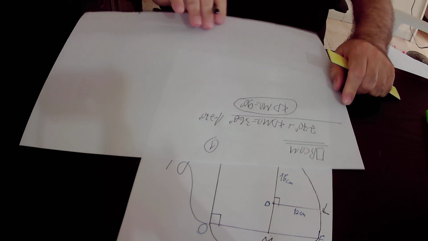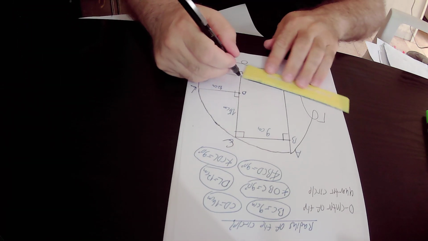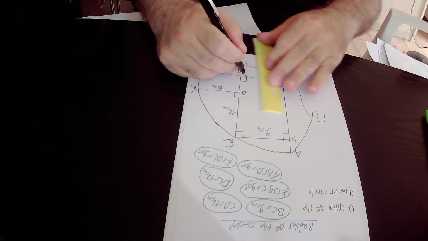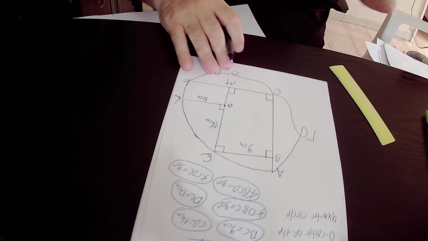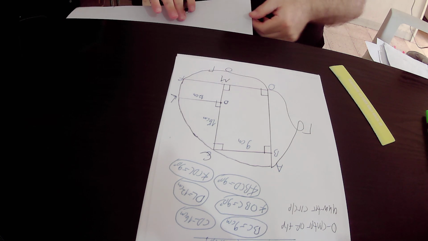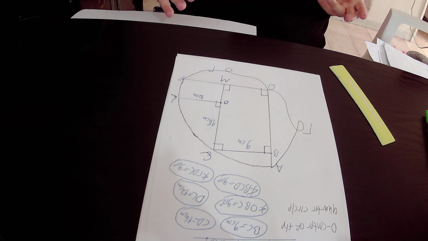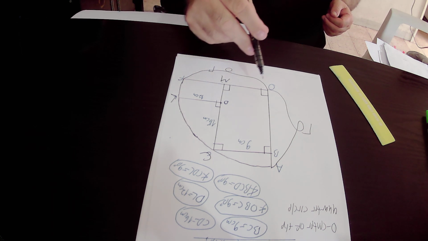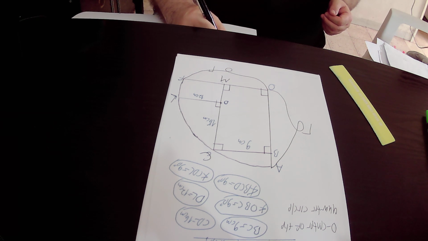So we found out that inside quadrilateral BCOM, we have 4 right angles, and any quadrilateral that has 4 right angles must be at least a rectangle if not a square. So we write quadrilateral BCOM as a rectangle.